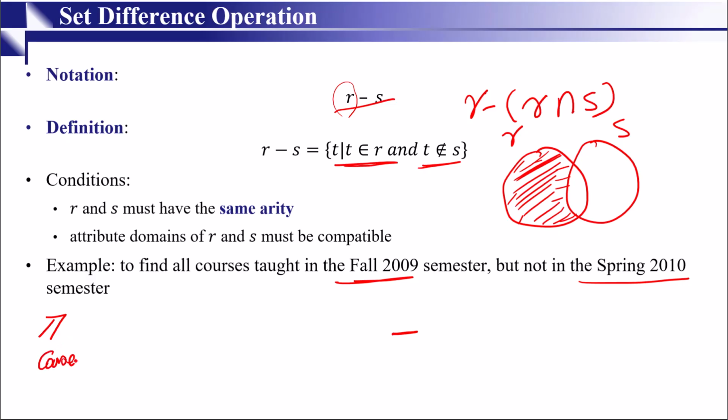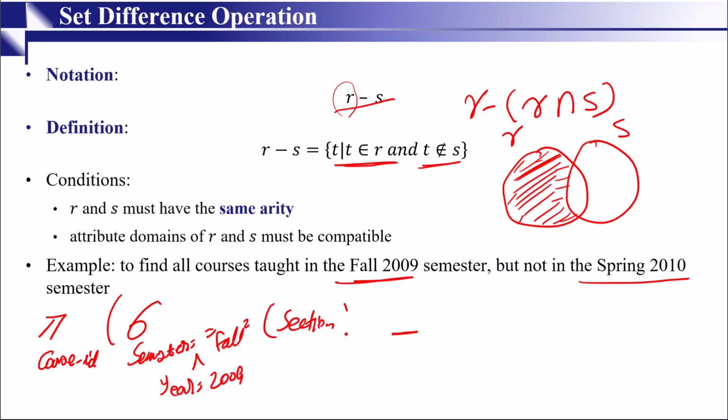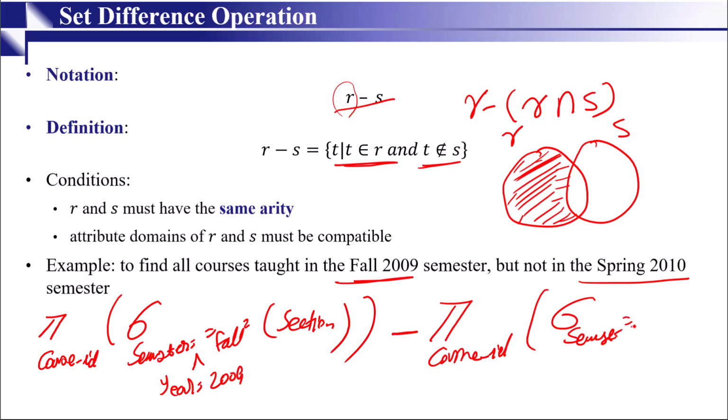Pi course ID, then selection of semester equal to fall and year equal to 2009 from section, then minus the same: Pi course ID, selection of semester equal to spring and year equal to 2010 from section.